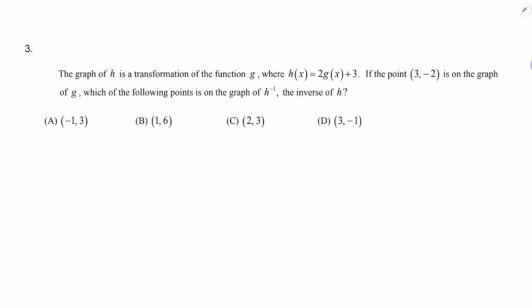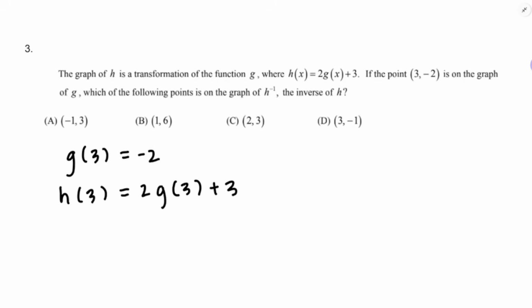The point (3, negative 2) is on the graph of g, so that means g of 3 equals negative 2. Then I know how to plug in 3, so h of 3 equals 2 times g of 3, which we know is negative 2, then plus 3.